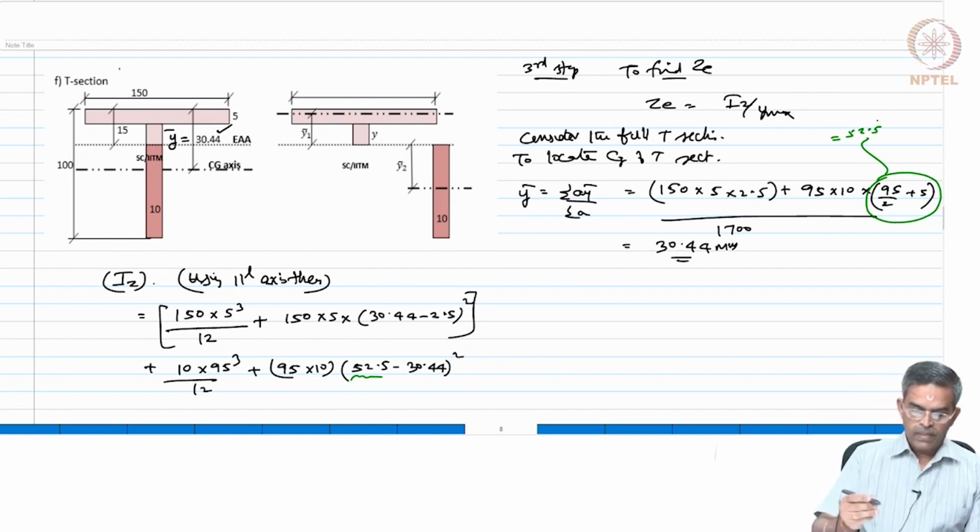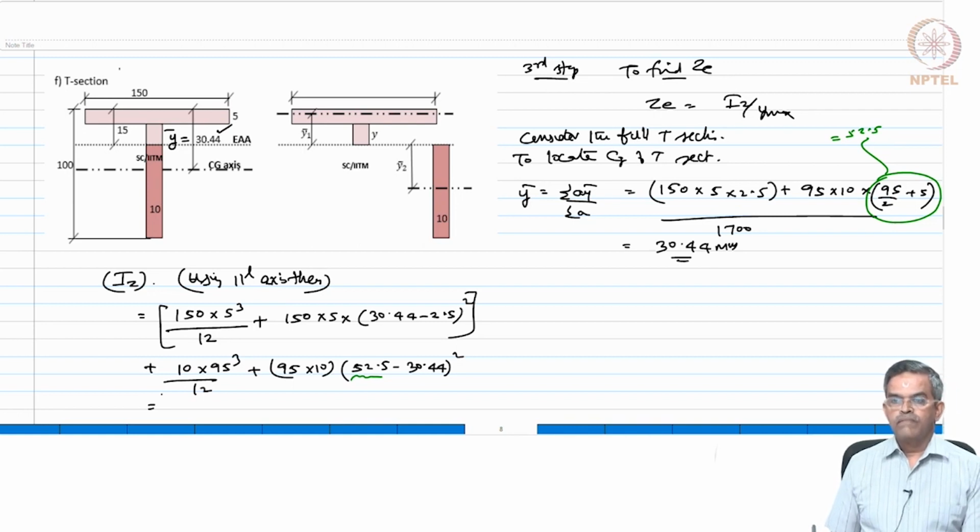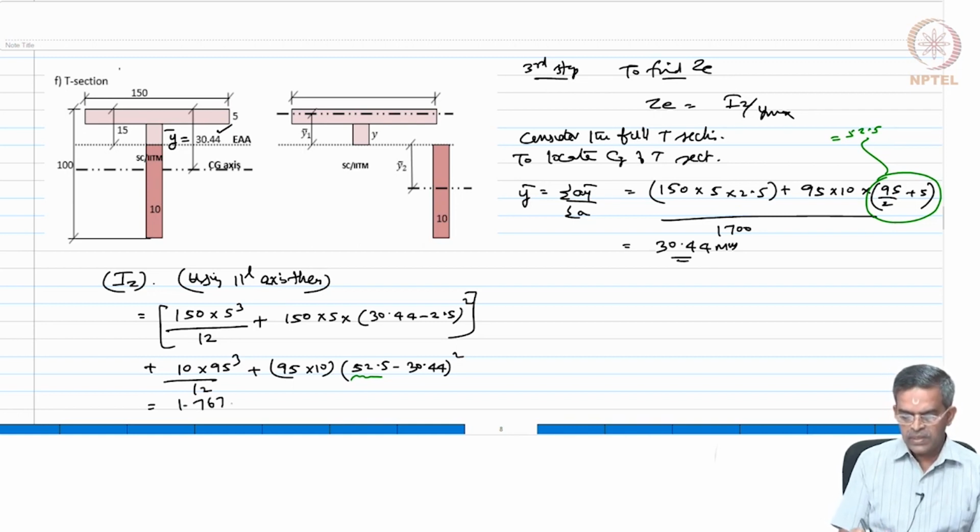Okay. So, can I find out this, which will be 1.767 × 10^6.